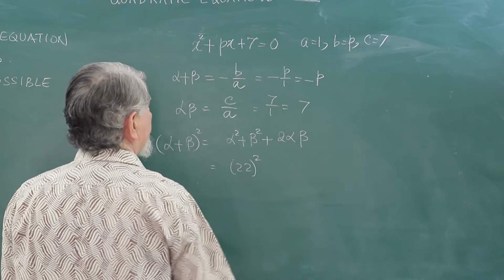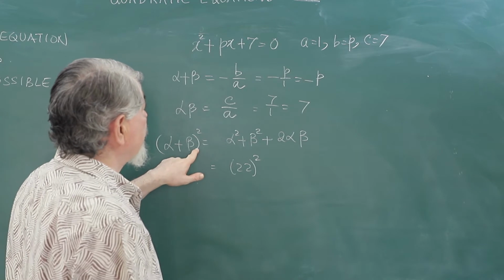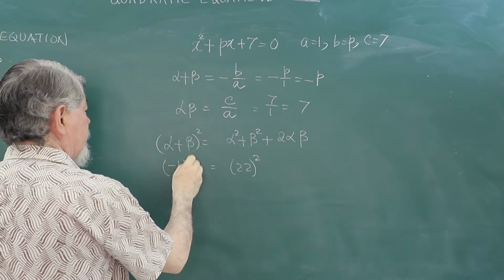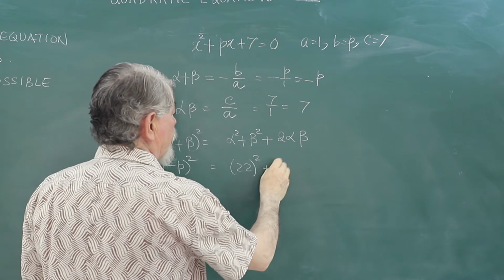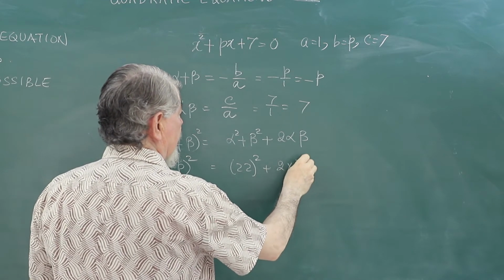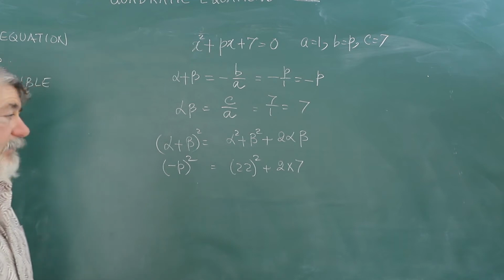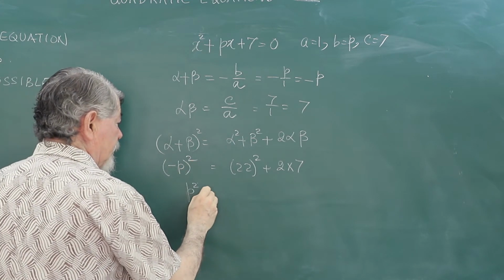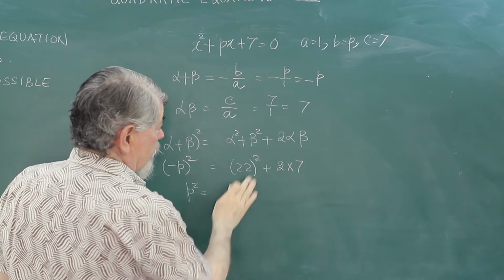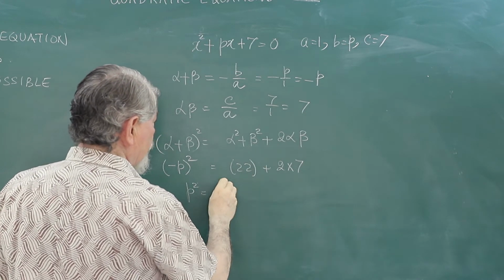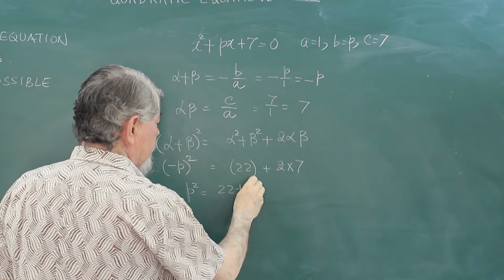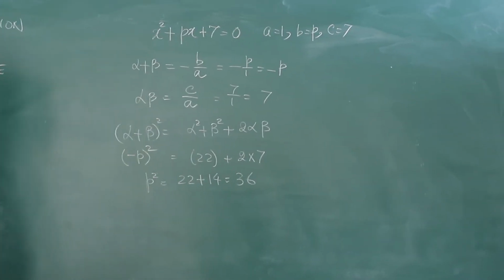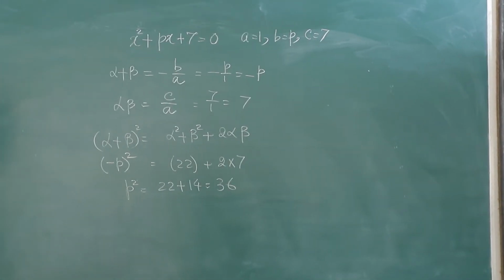The value of alpha plus beta is minus p, whole square, plus 2 alpha beta. Value of alpha beta is 7. So minus p whole square will become p square. 22 plus 14 will come out to be 36.